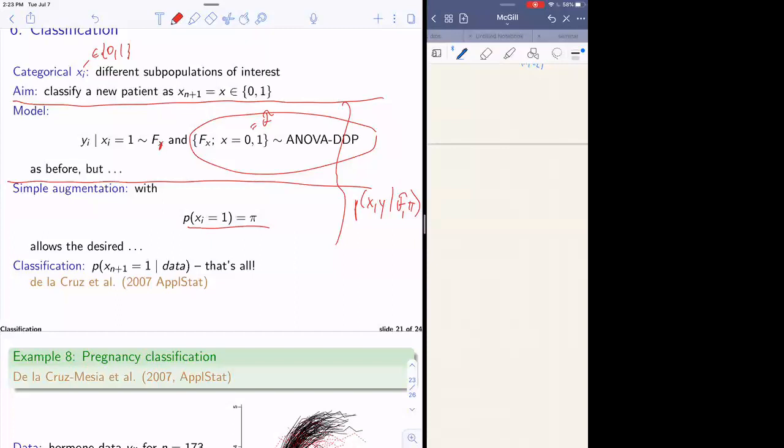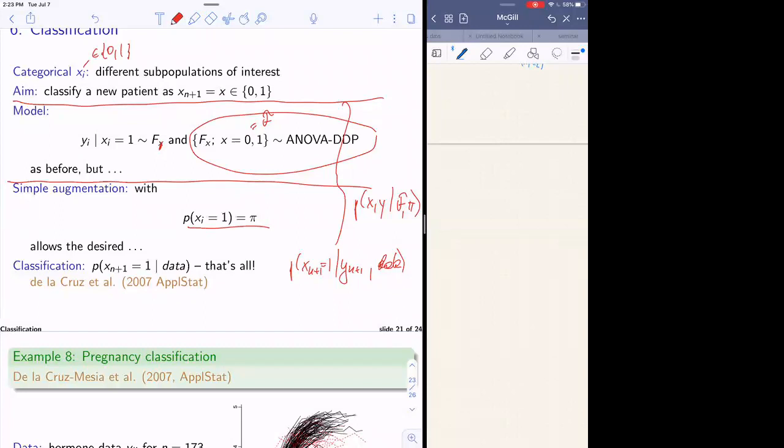In particular, we can get the probability of x n plus 1 equal 1 given y n plus 1 and all the other data, a posterior predictive inference for the future patient being, in this case, an abnormal pregnancy. And that's exactly what we did in the following little example.